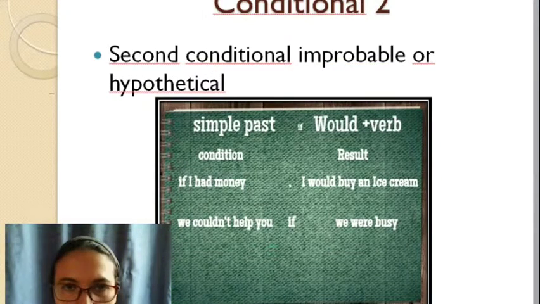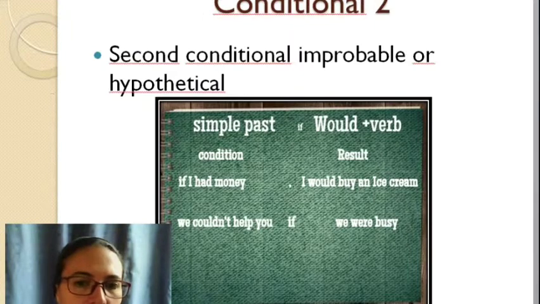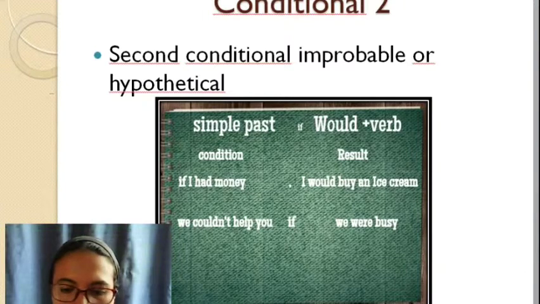Let's continue. Conditional 2 or second conditional. Second conditional is for improbable or hypothetical situations, with zero probability. Note, the probability is about the actions in the if clause, not the other clause, the consequence clause.